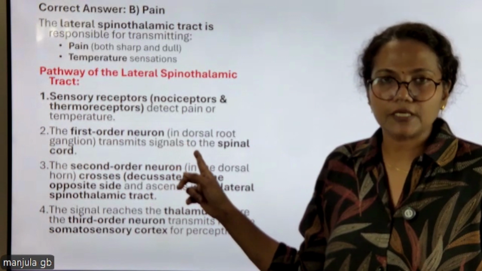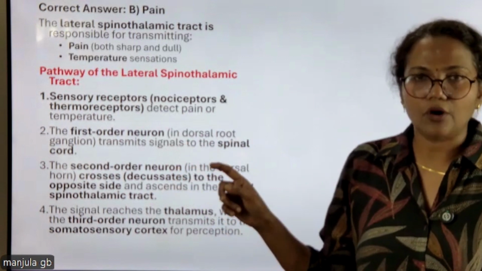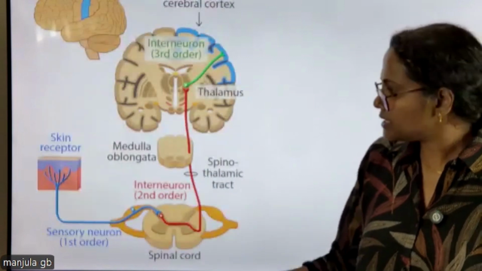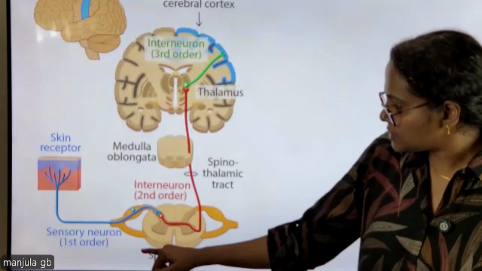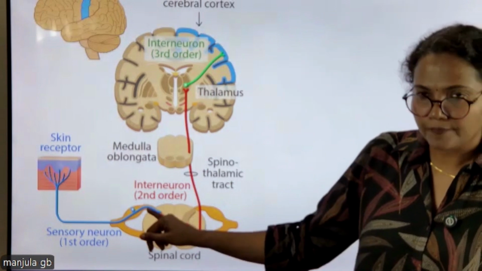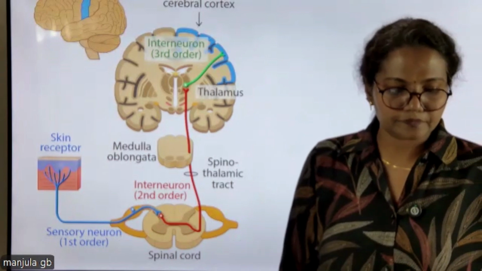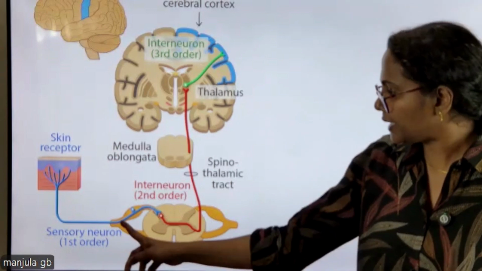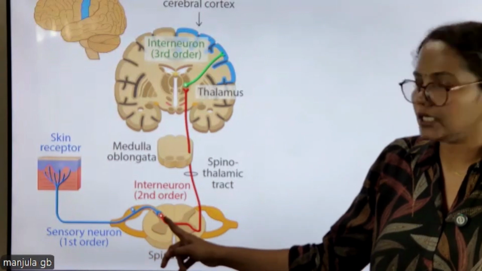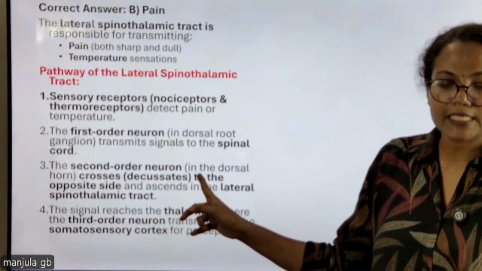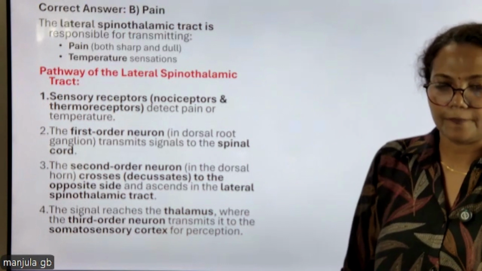It will transmit to the spinal cord through the dorsal root ganglion. In this picture, this is the dorsal area and this is the ventral area. Here you can see the dorsal root ganglion, and through that area it comes to the dorsal horn, where the second order neuron starts.